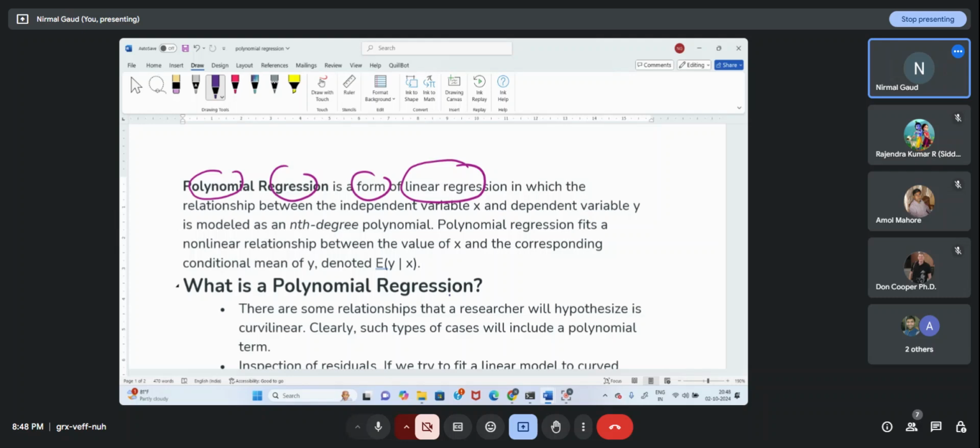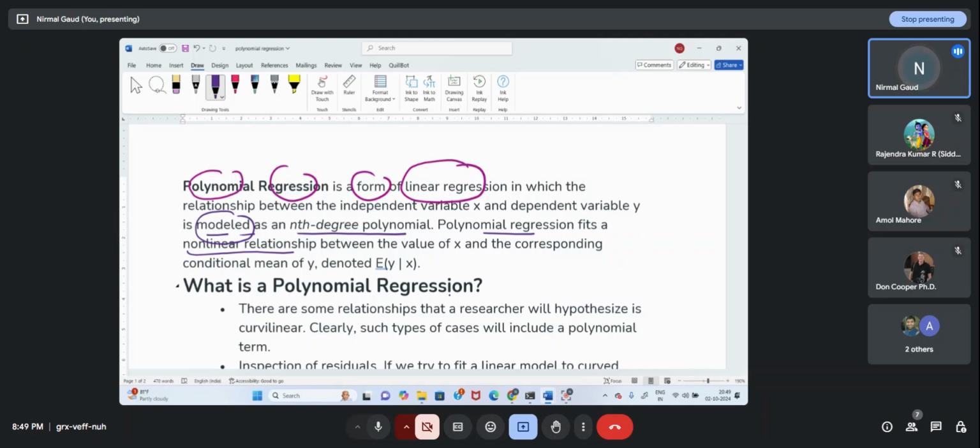People may think we have a separate algorithm for that, but no, that's not the case. We perform modeling according to an nth degree polynomial. That means we try to fit the data not considering that it has a linear relationship with the target, but by considering that it has a non-linear relationship with the target.